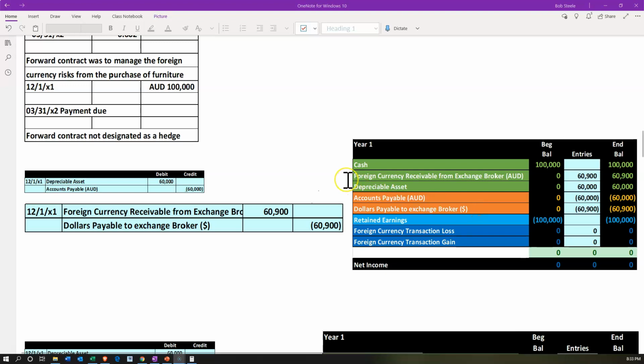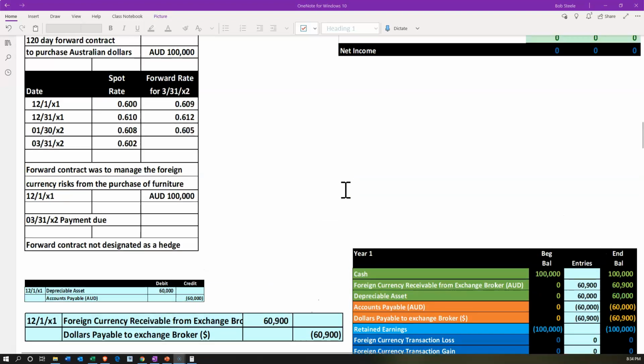Therefore, as the exchange rates change, the foreign currency receivable will fluctuate. Now, it'll fluctuate a little bit differently, as we'll see, than the payable, but as the fluctuations happen, we now have a receivable and a payable on the books. And as those two things fluctuate, as the exchange rates strengthen and weaken, they should fluctuate in basically opposite directions, right? So it should act as basically an evening out setup.